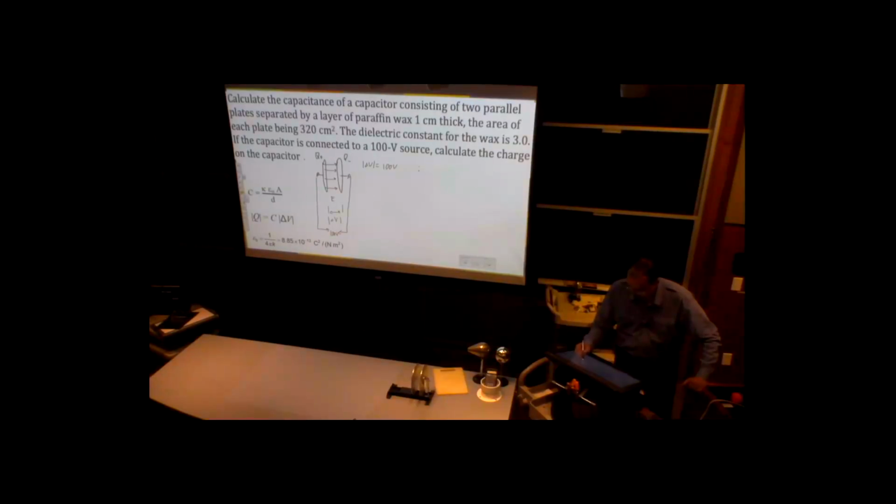And since we know all parameters, dielectric constant of wax, 3. This is 8.85 times 10 to the negative 12. Area.